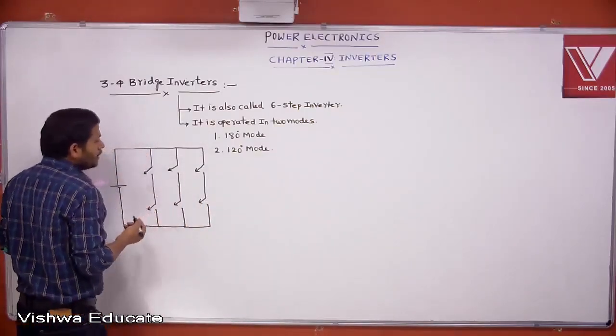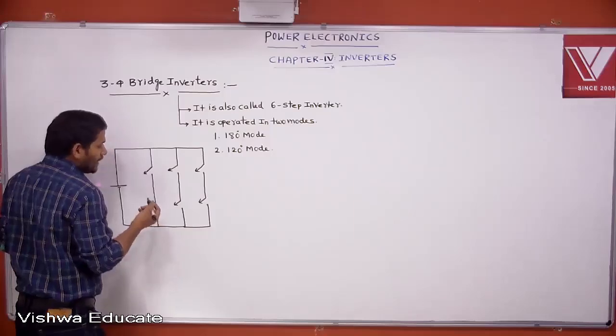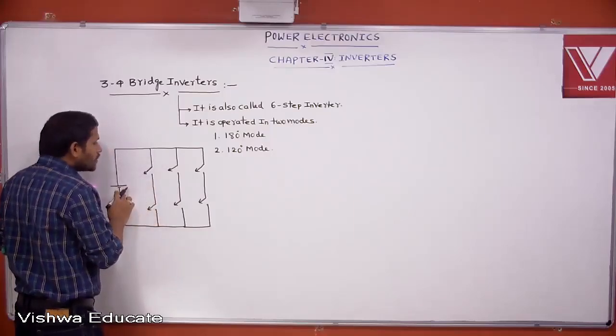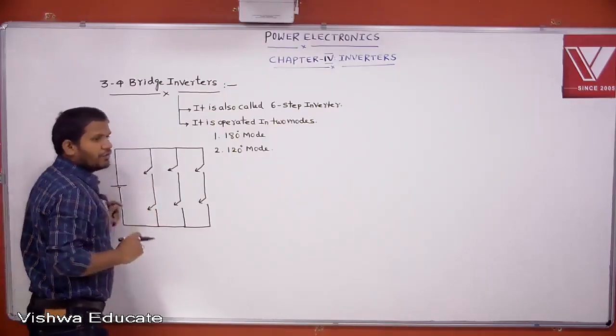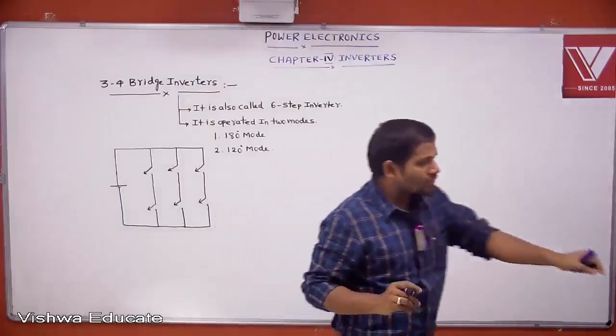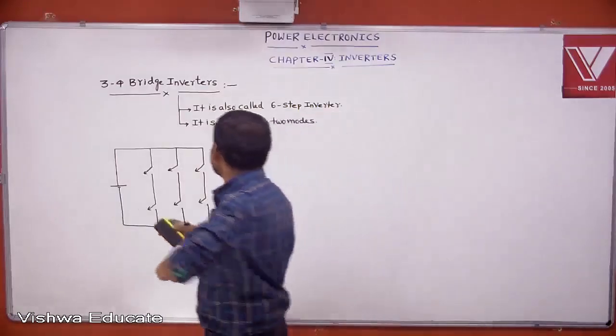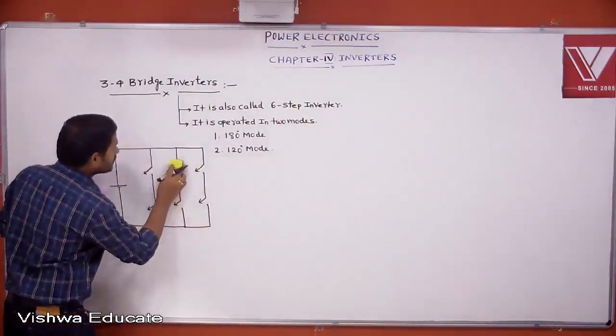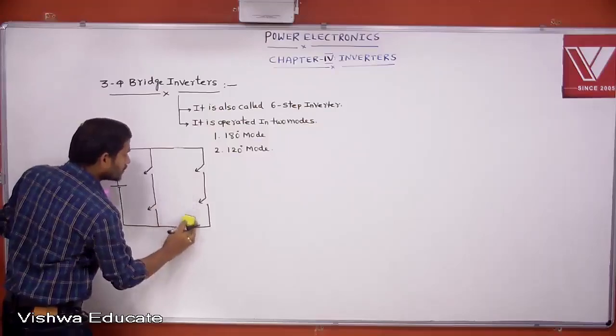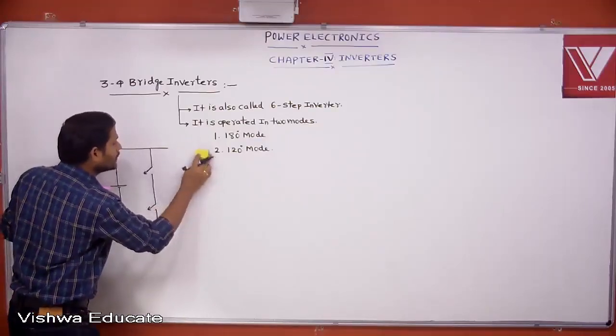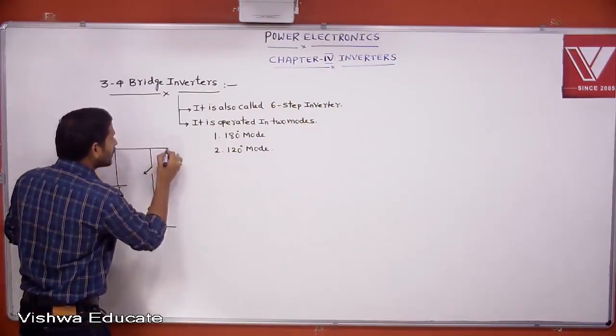In general, when we use a bridge inverter, it is a voltage source inverter. It also consists of feedback diodes. Voltage source inverter means it also consists of feedback diodes.